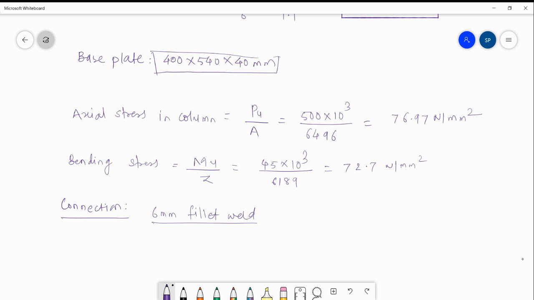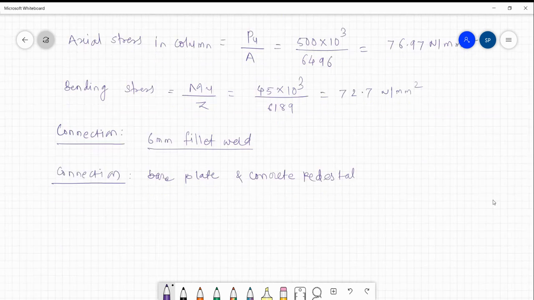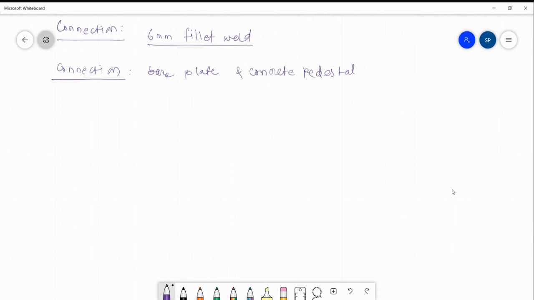Then next, connection between base plate and concrete pedestal. The earlier was between base plate and column, and this one is between pedestal and base plate. Now for this connection, since there is no tension in entire base plate portion, anchor bolts need not be specifically designed.